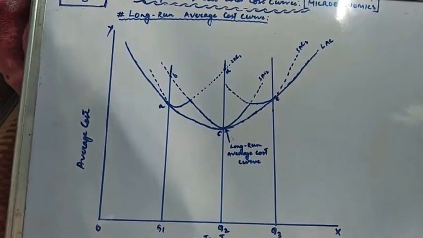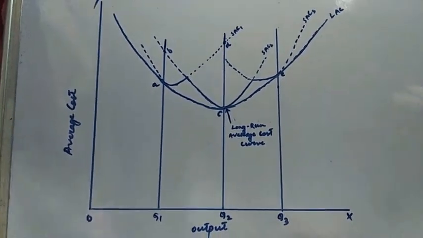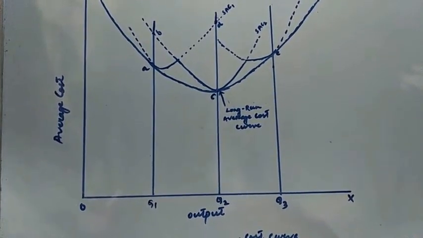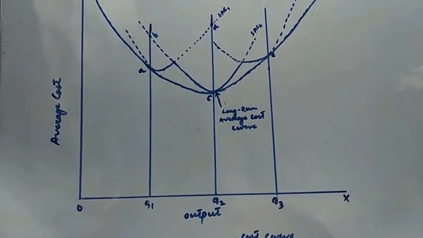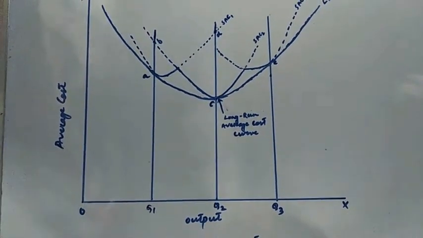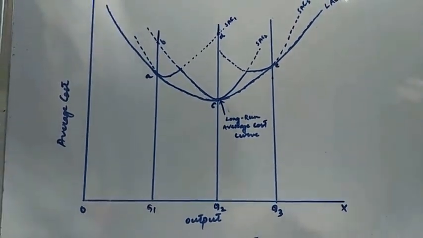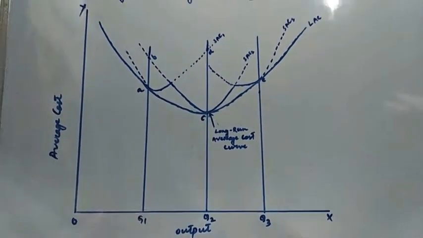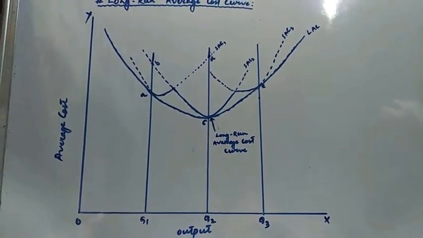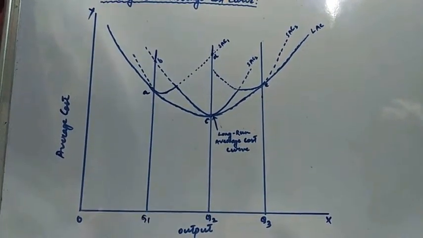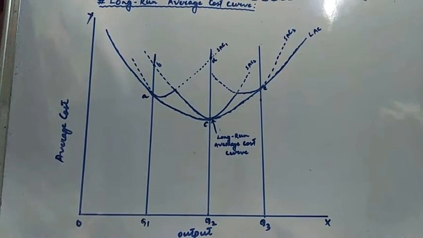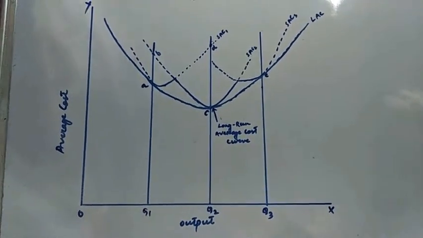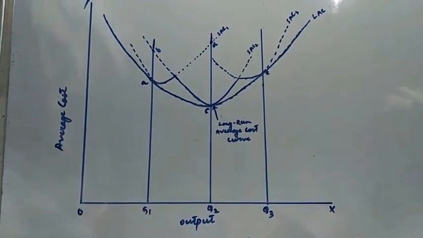So the long run average cost curve is the minimum possible unit cost of production at any given level of output when all the inputs can be changed, including of course the size of the plant, because in the long run everything can be changed in order to expand output or to contract output. So that is the long run average cost curve.